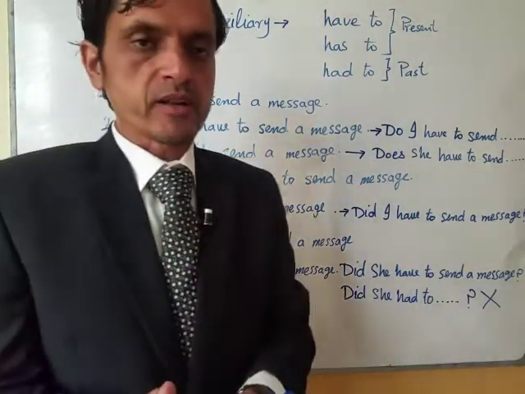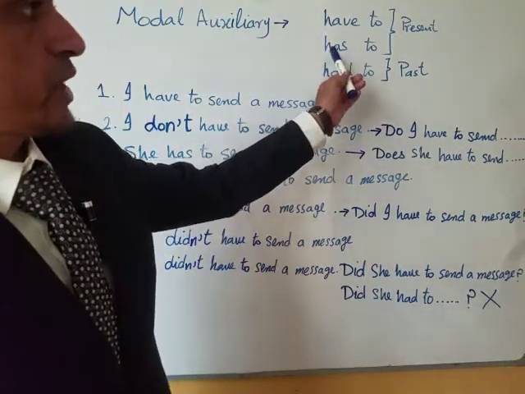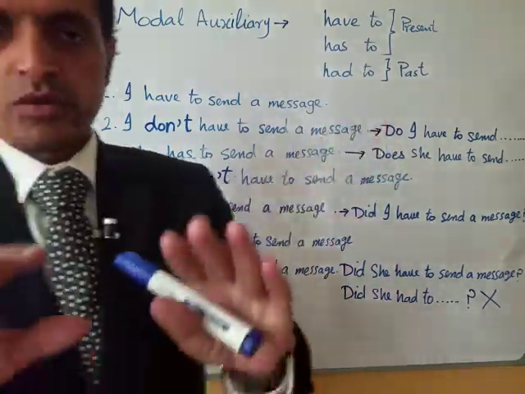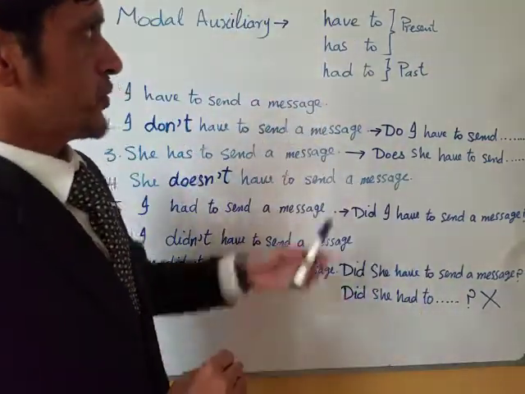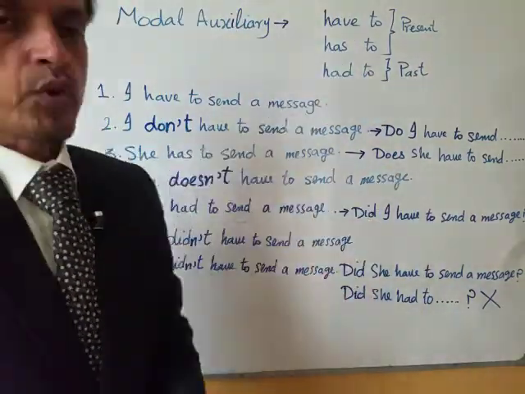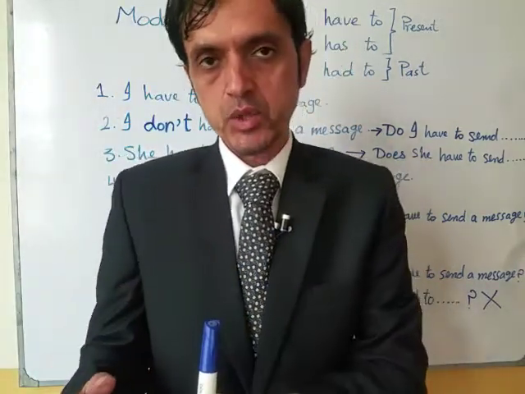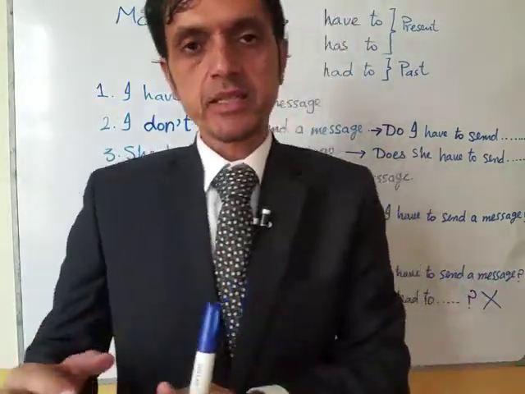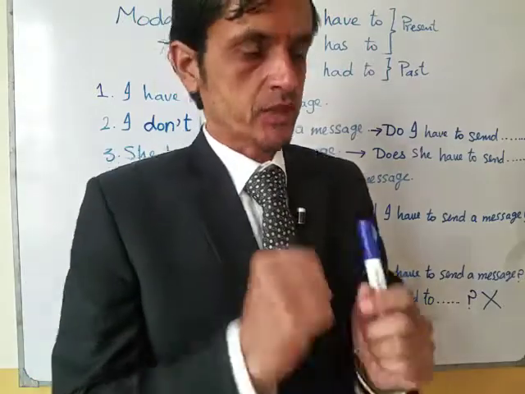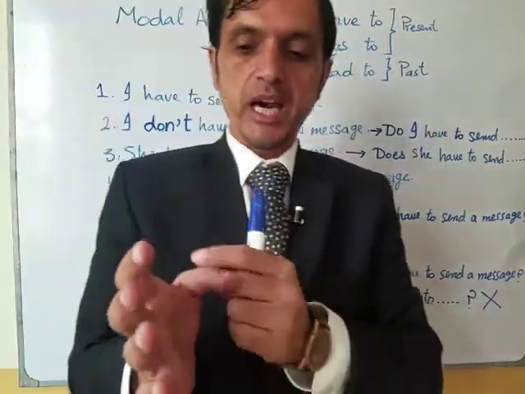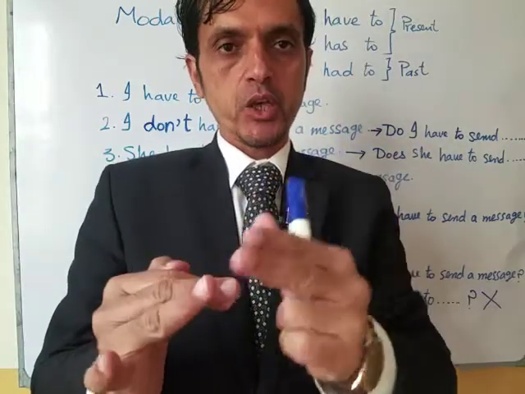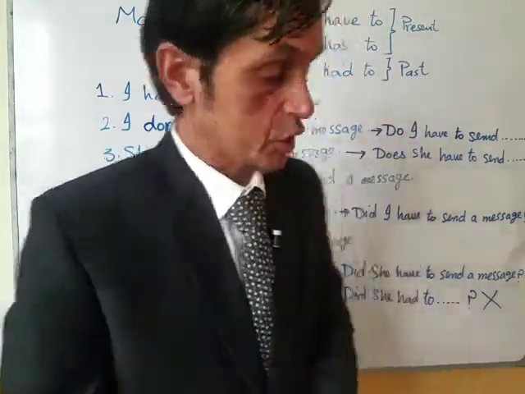We have the modal auxiliaries have to, has to and had to. These three modal auxiliaries I will teach you. We use have to and has to for the present and had to for the past. Have to is used with I, we, they, you and plural subjects.